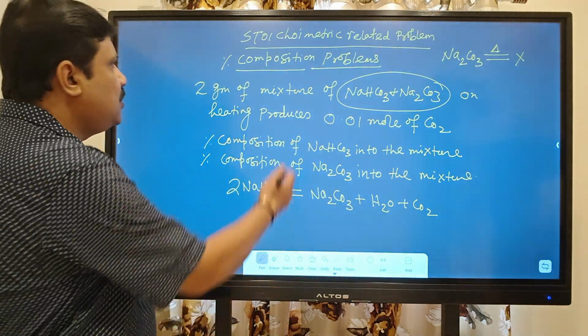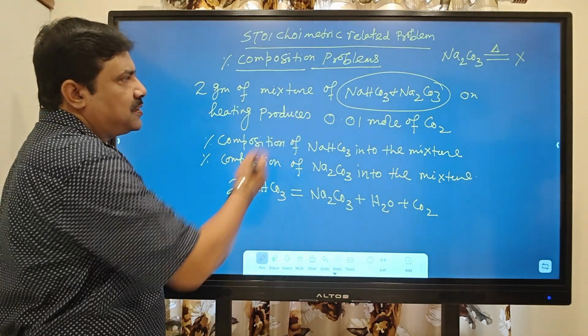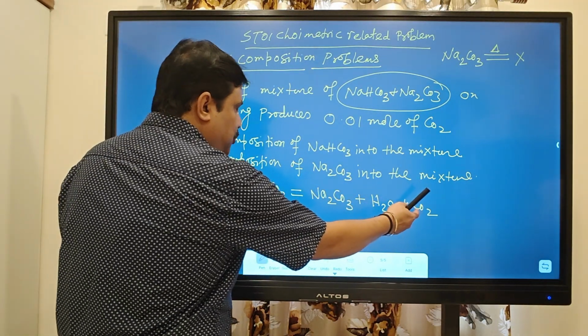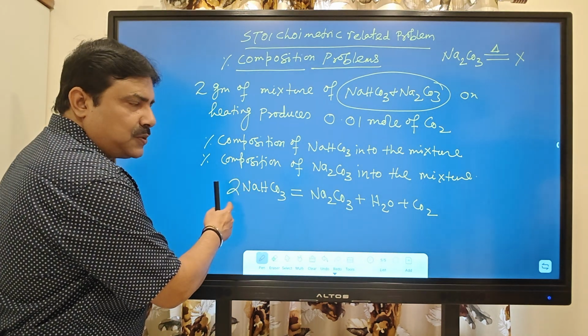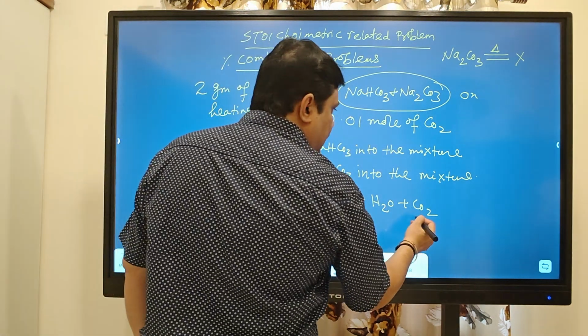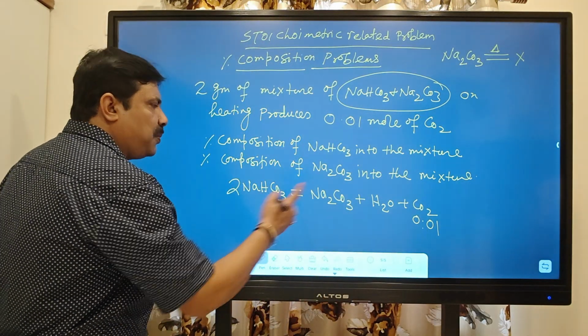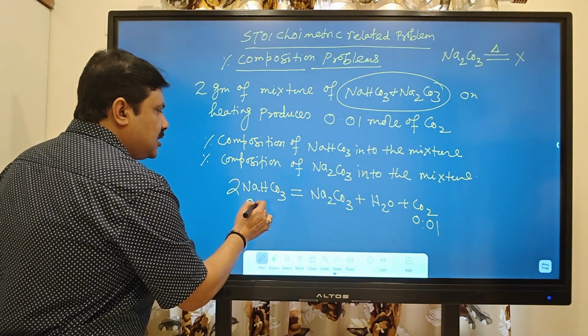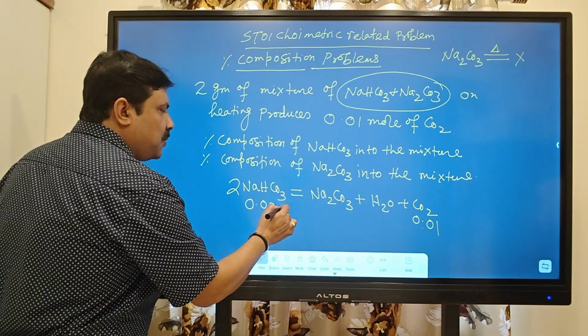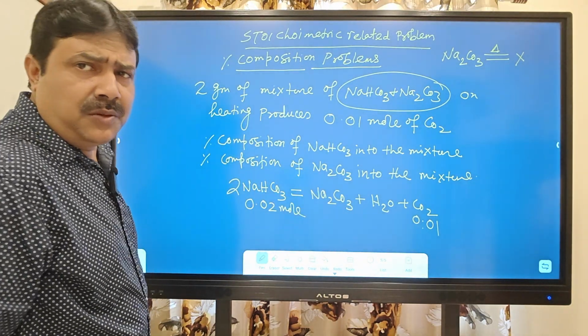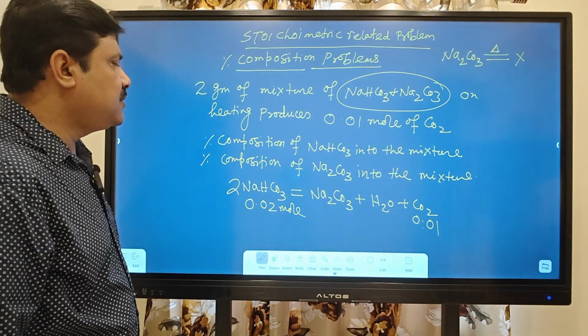Then immediately look at how many moles of CO2 are coming: 0.01 mole. Generally 1 mole of CO2 comes from 2 moles of sodium bicarbonate. Here how much is coming out? 0.01 mole. So obviously 0.01 mole will come from double the amount of this. That means 0.02 mole of sodium bicarbonate will give 0.01 mole of carbon dioxide.